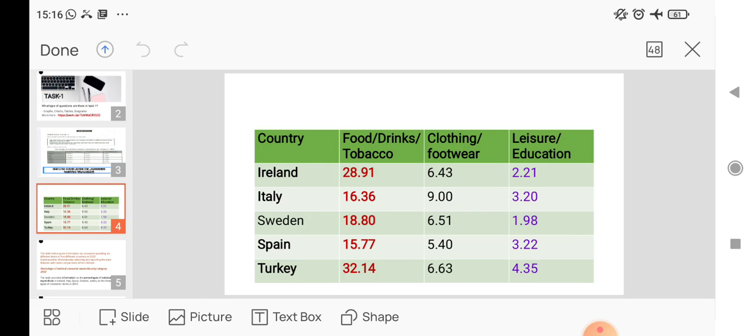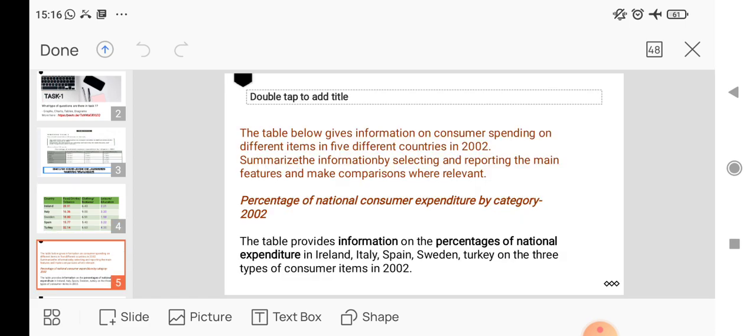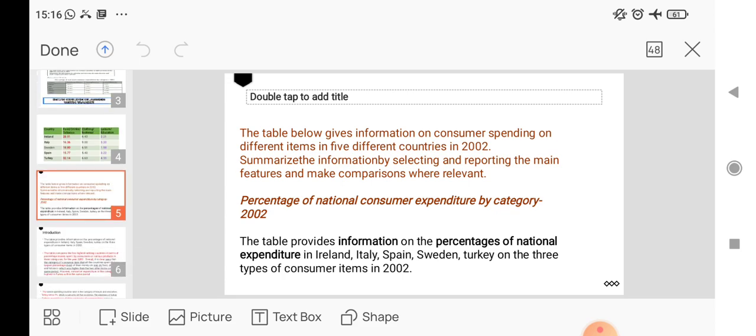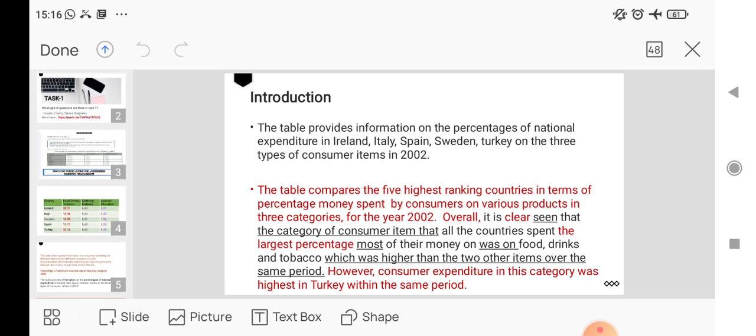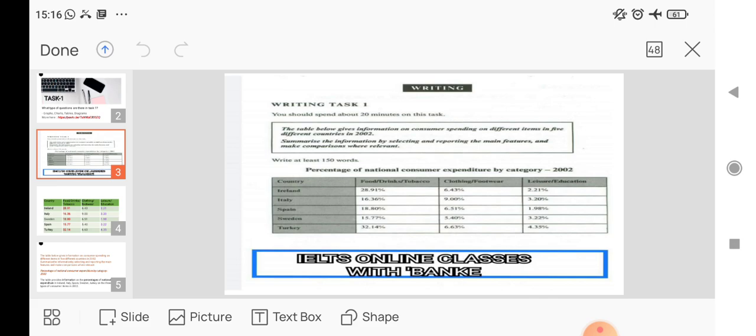But in the case of clothing, footwear, leisure, and education, you can see that they didn't spend much. So that ends that introduction, which answers that part of the question that says summarize the information.